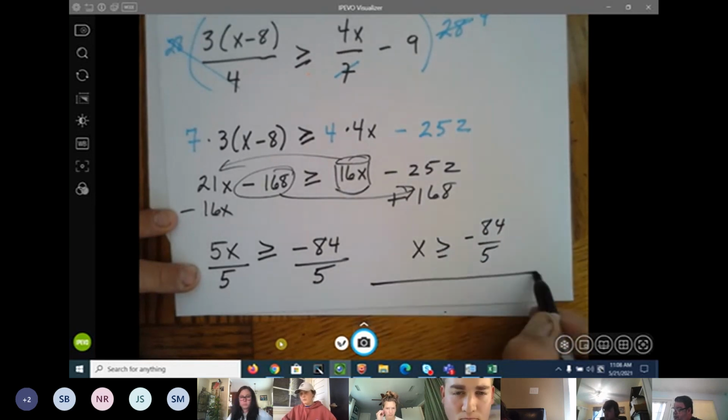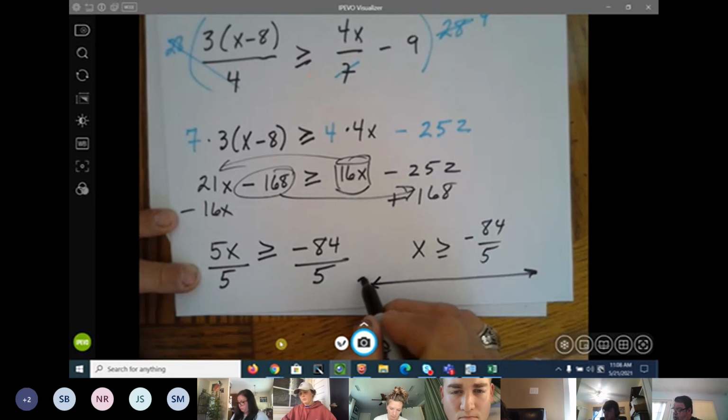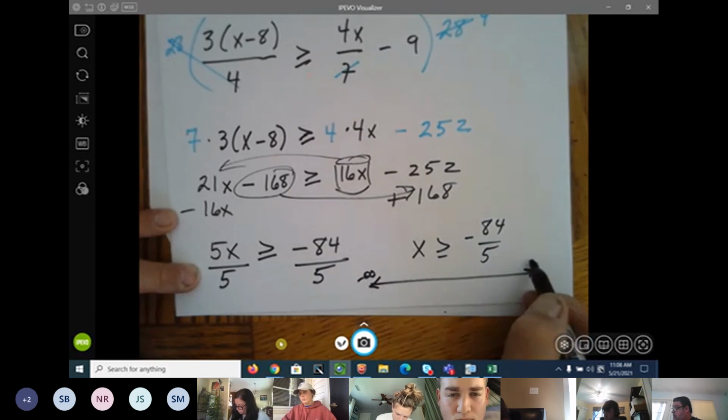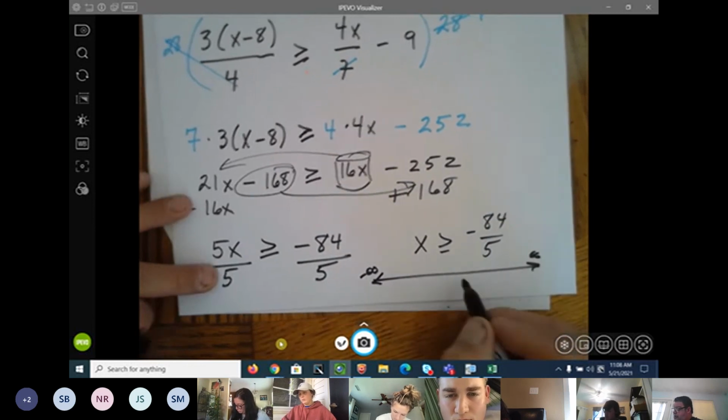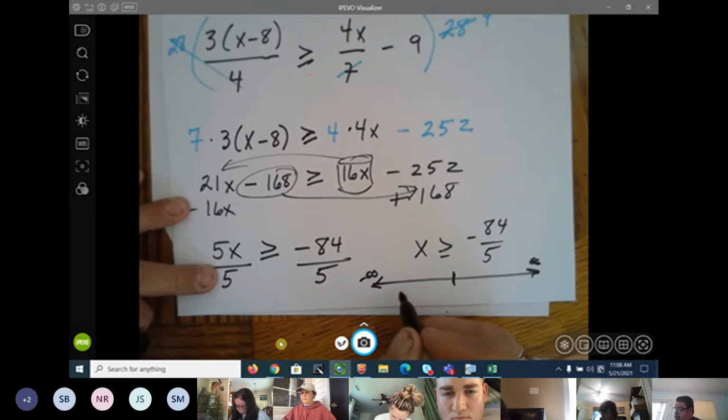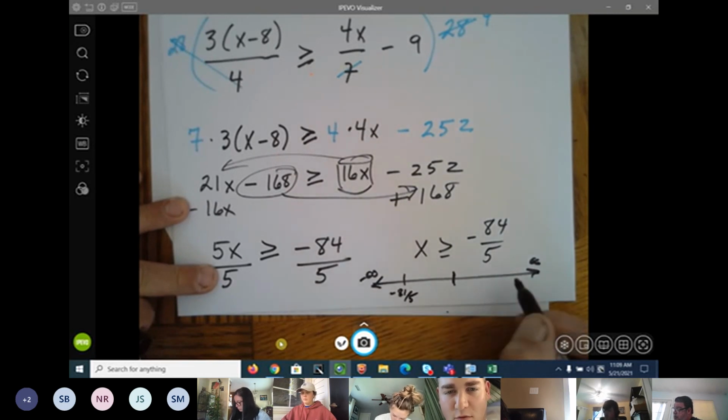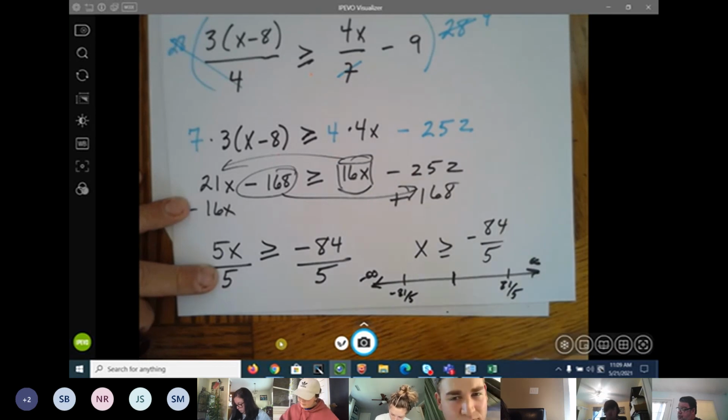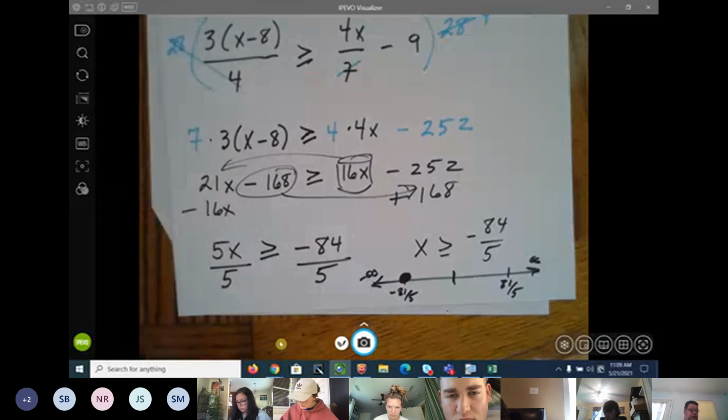And if you put that on a number line, this is negative infinity. This is positive infinity. 0. Negative 84 fifths. So it's going to be a closed circle. And you're going to highlight which side.